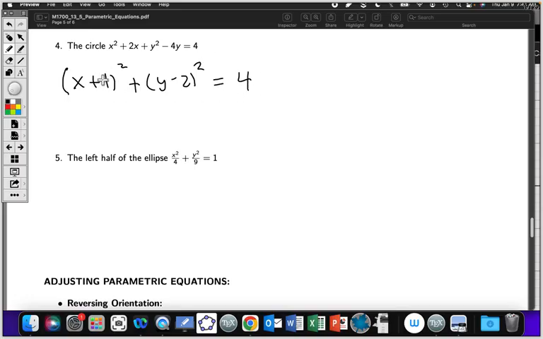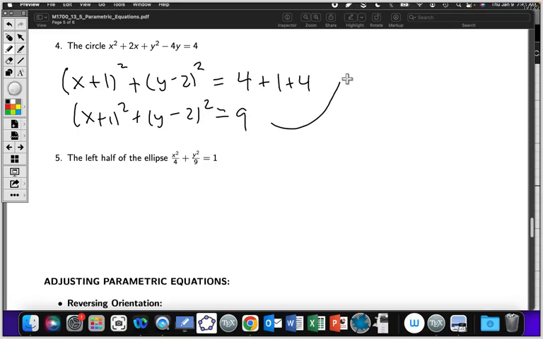Now when I square this out, I'd get my x squared plus 2x plus 1. When I would square this out, I'd get y squared minus 4y plus 4. So I would get x plus 1 squared plus y minus 2 squared equals 9. And I can then divide the 9 through: x plus 1 squared over 9 plus y minus 2 squared over 9 equals 1.